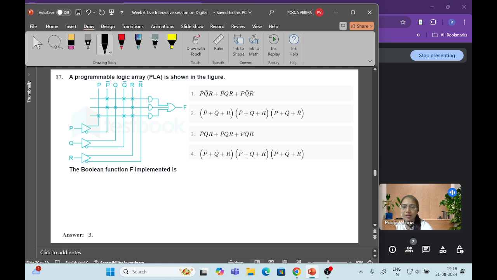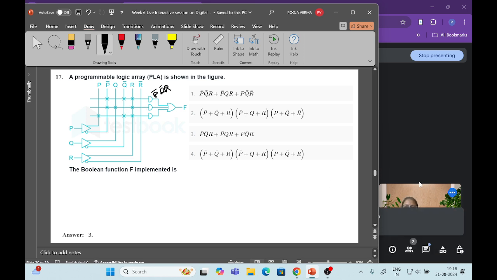What will be the output of this AND gate? We have to AND these points: P dash, Q dash and R is the output of the first AND gate.